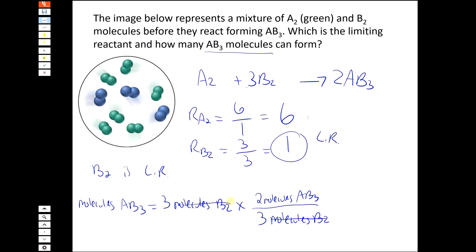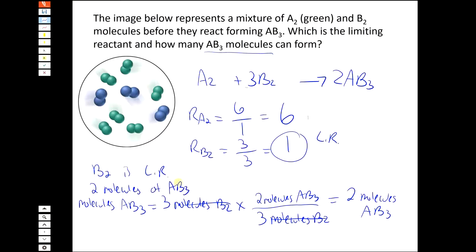And so that tells us that we're going to form 2 molecules of AB3. Alright, so B2 is limiting reactant, and we're going to form 2 molecules of AB3. So those are the 2 parts of our answer.